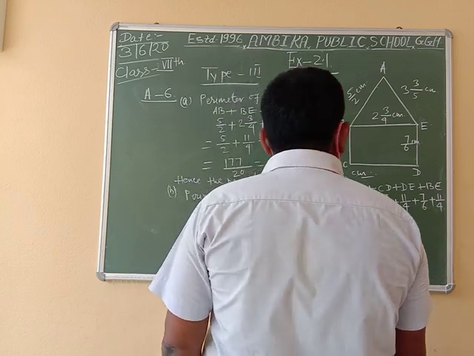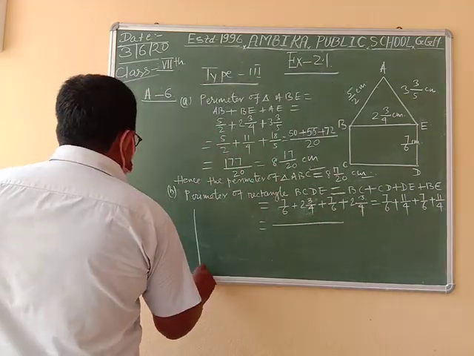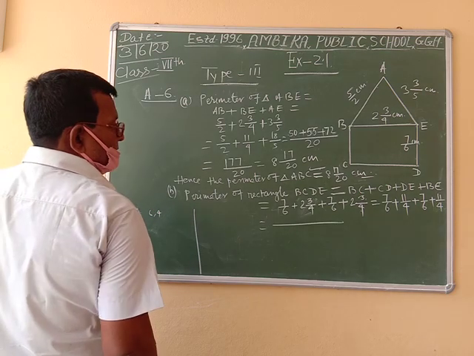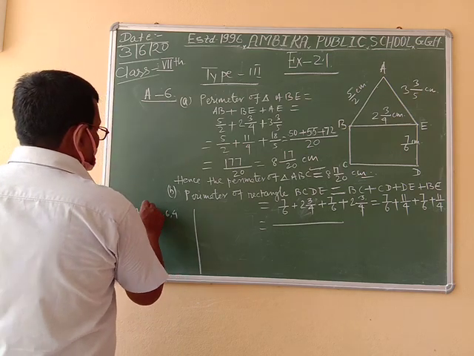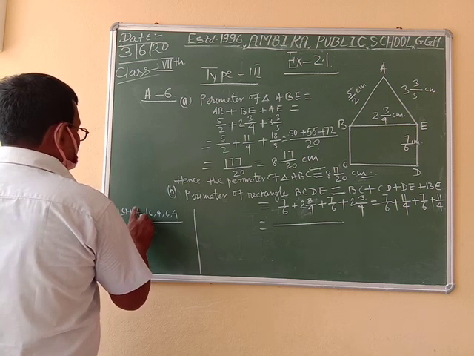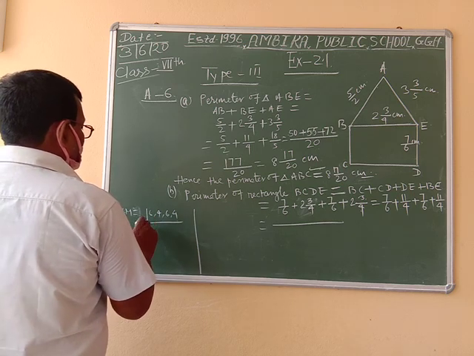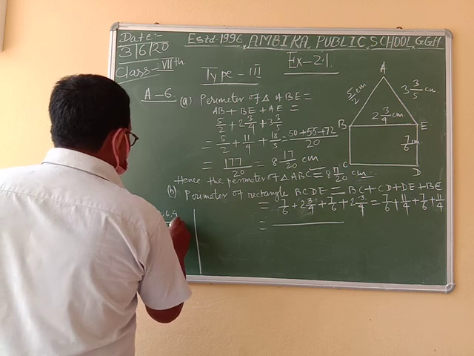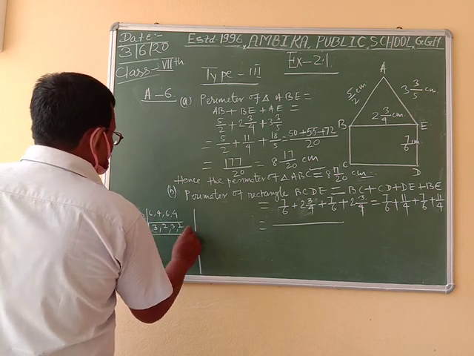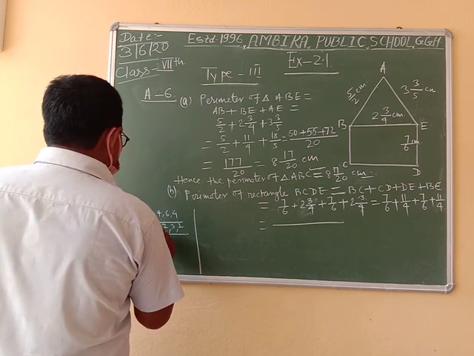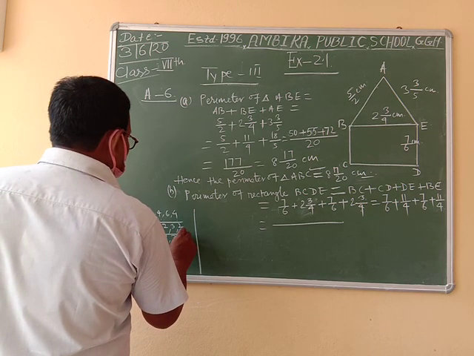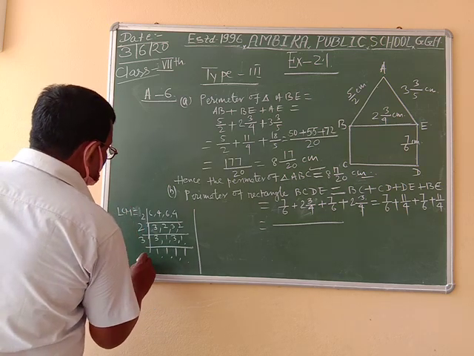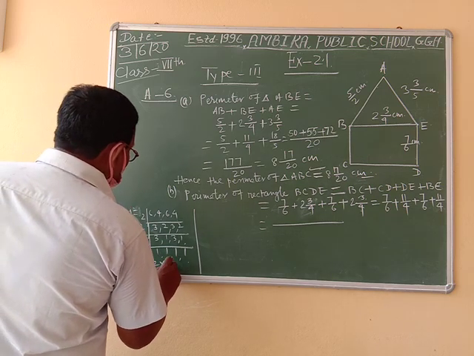LCM of 6, 4, 6, 4. Dividing by 2, it is 2 into 3, 2 into 2 into 3, equal to 12.